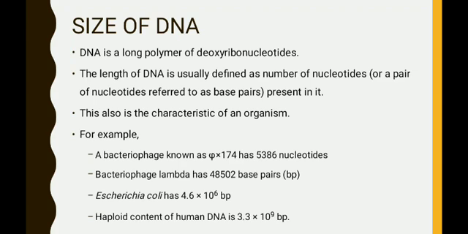See, in case of human beings, the length of human DNA is 3.3 × 10^9 base pairs. But we should remember, this is the haploid DNA content. So the diploid content of human DNA is 6.6 × 10^9 base pairs. So this is regarding the size of the DNA.